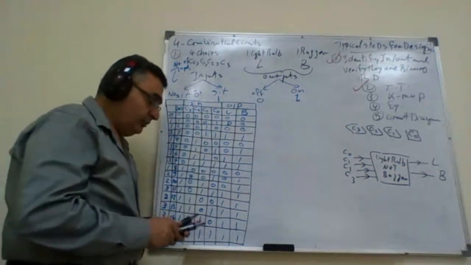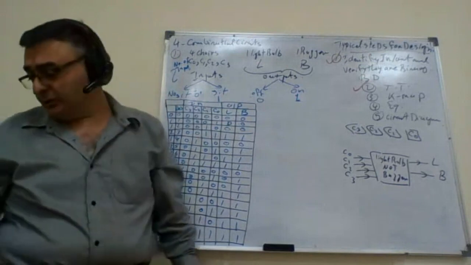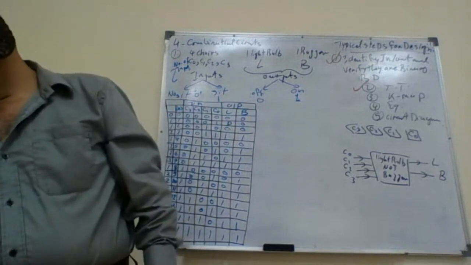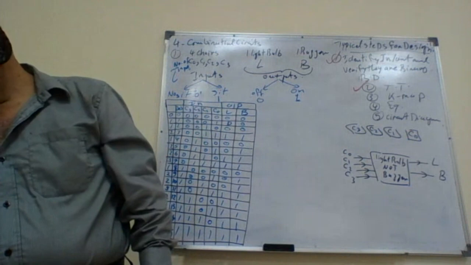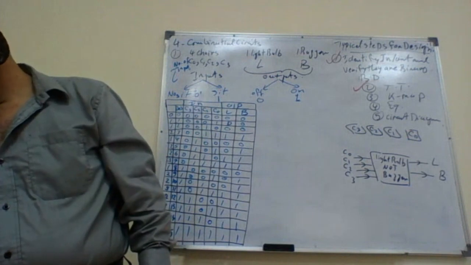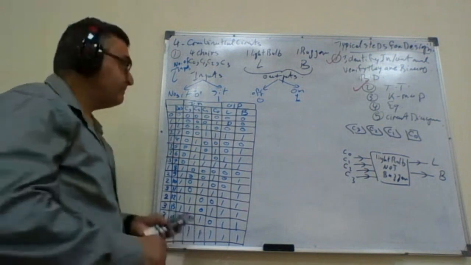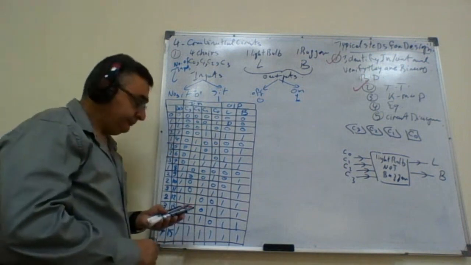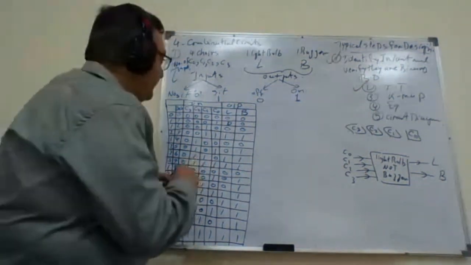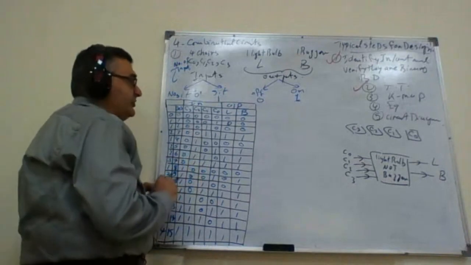Okay? So let's build a K-map for one of the outputs. Can we build the K-map for L? The answer is yes.